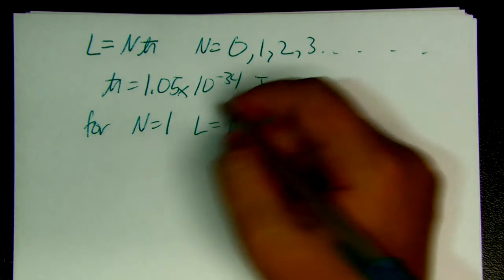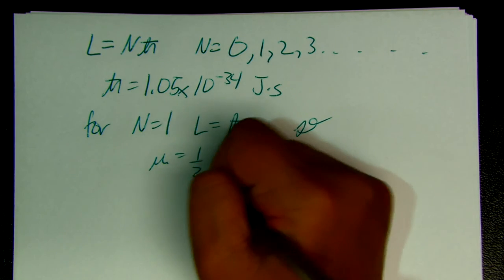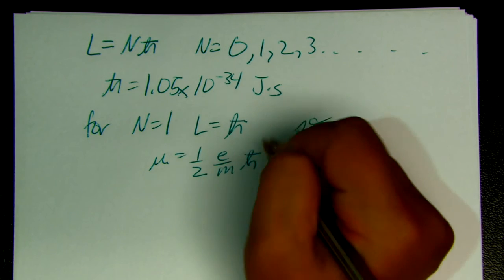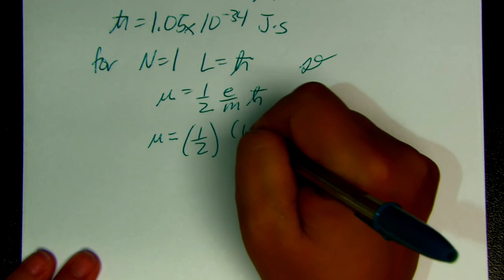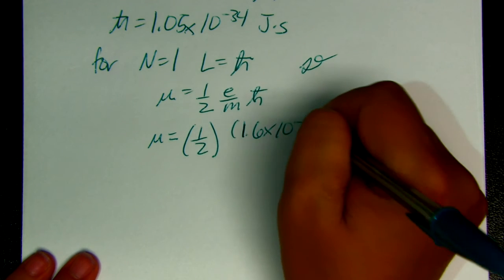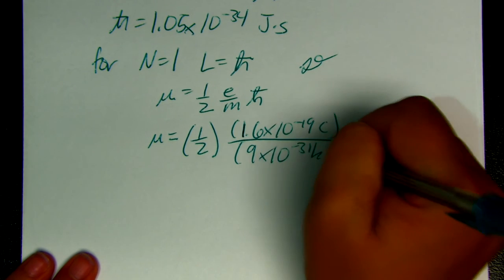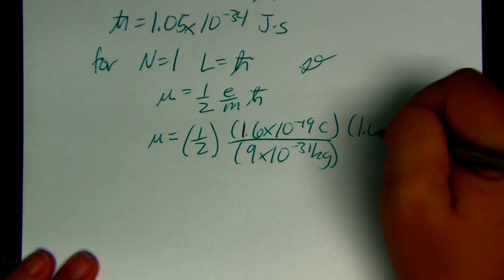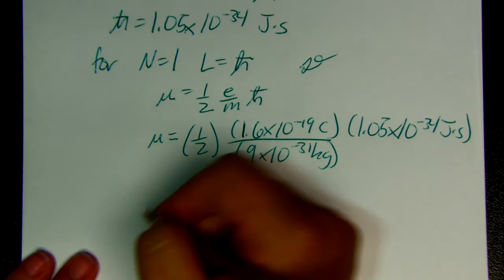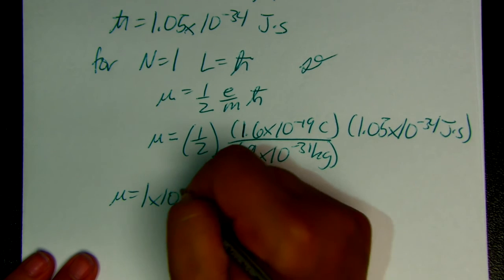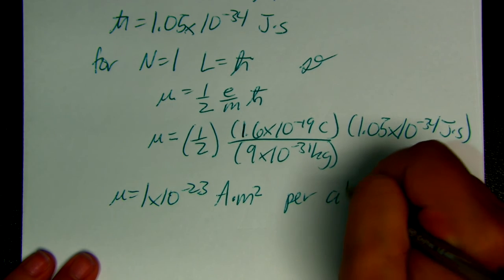So mu is equal to 1/2 e over m times h bar, which is 1/2 times 1.6 times 10 to the minus 19 coulombs over 9 times 10 to the minus 31 kilograms times 1.05 times 10 to the minus 34 joule seconds. Mu is equal to 1 times 10 to the minus 23 amp meters squared per atom.